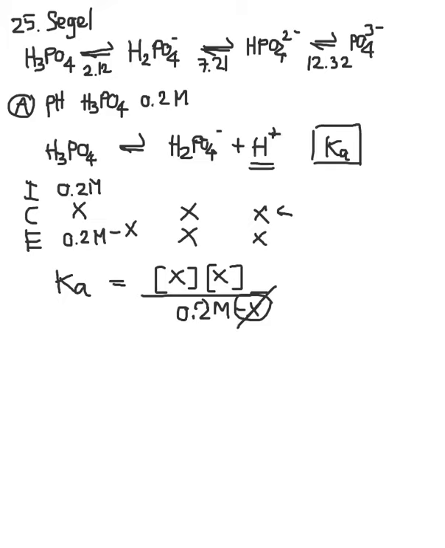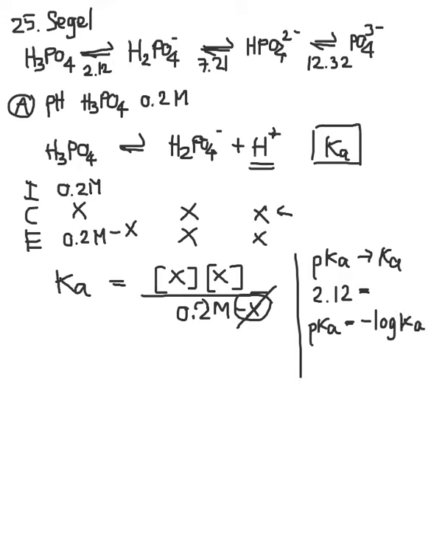To calculate using the pKa, you need to change the pKa to Ka in order to use it in this equation. The pKa for this is 2.12, so to change to Ka, you have to understand that pKa equals minus log Ka.